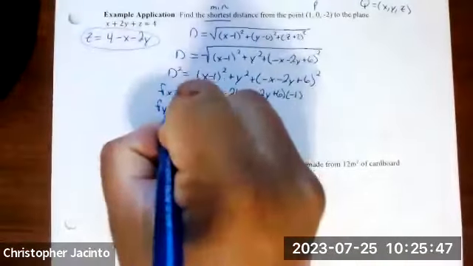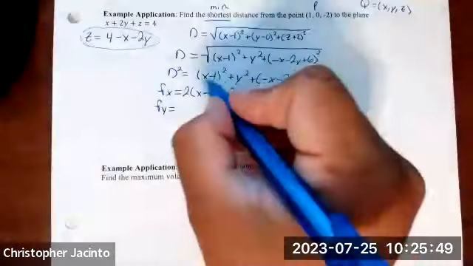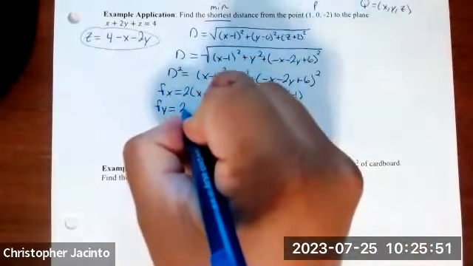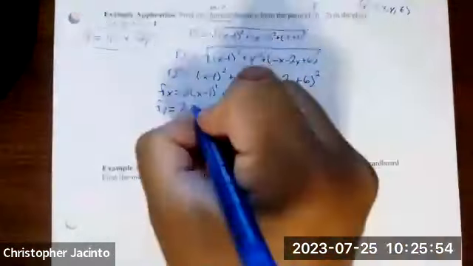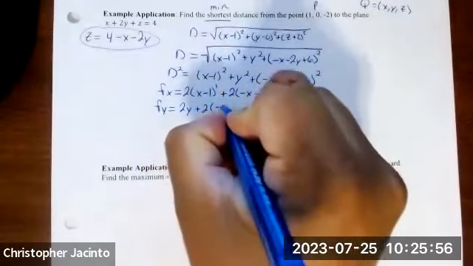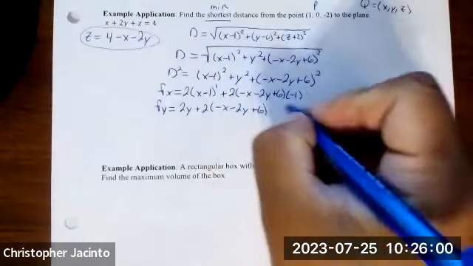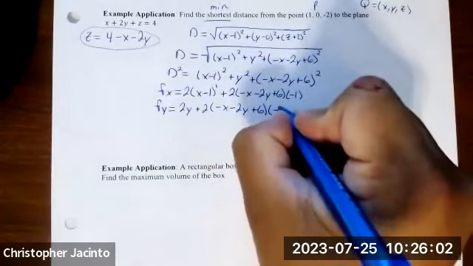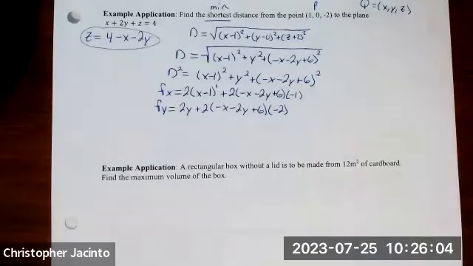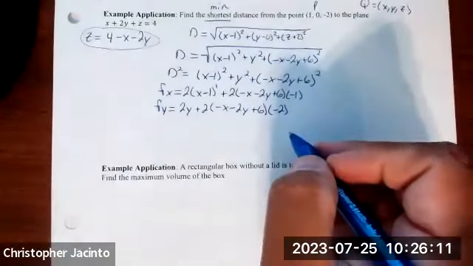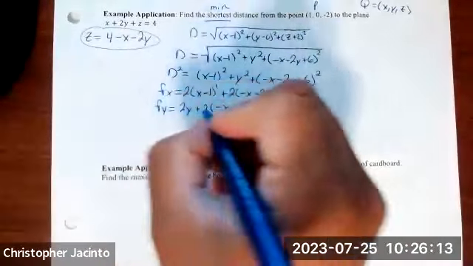Okay, do it again now for y. That goes away. This is just 2y plus 2 times all of this times the derivative of the inside, which is going to be -2. Okay. So I'm just going to make this nicer to look at and rewrite a couple things.